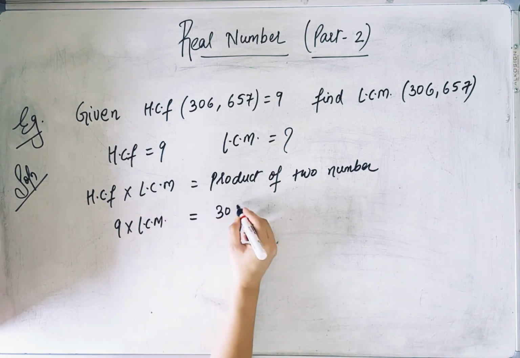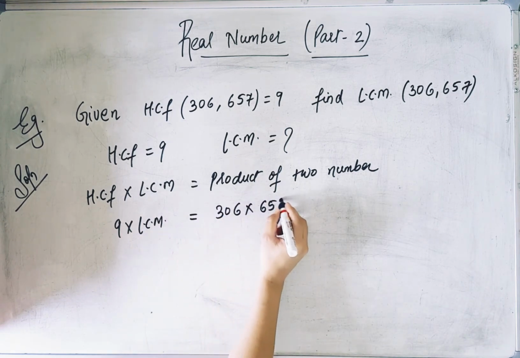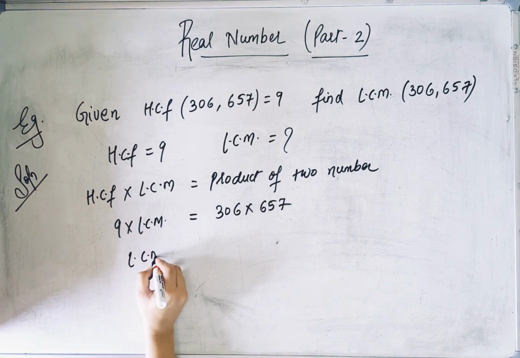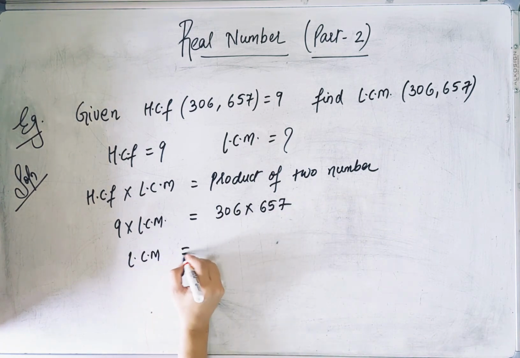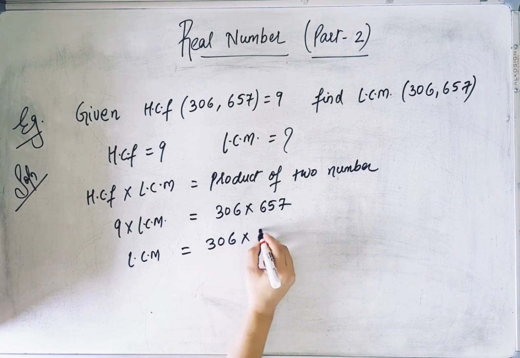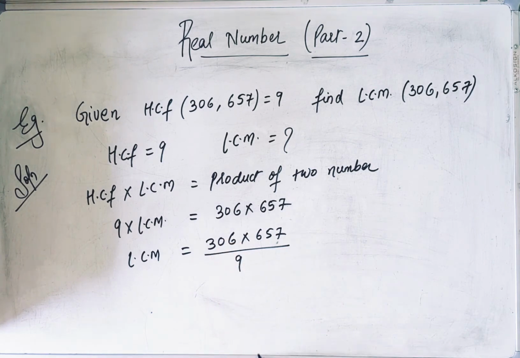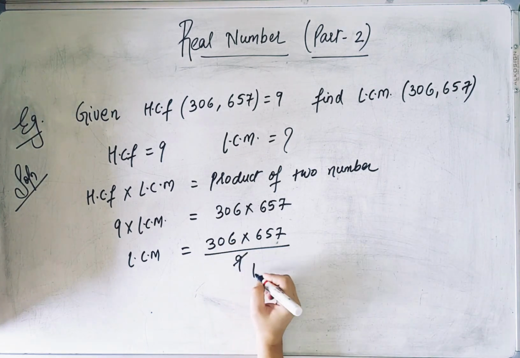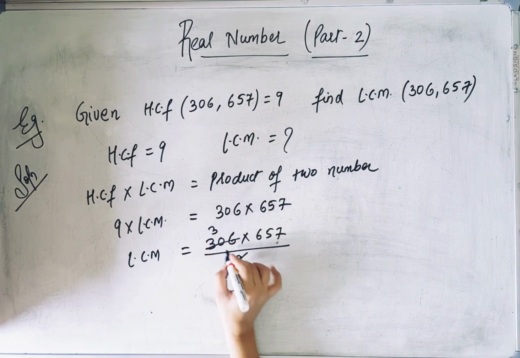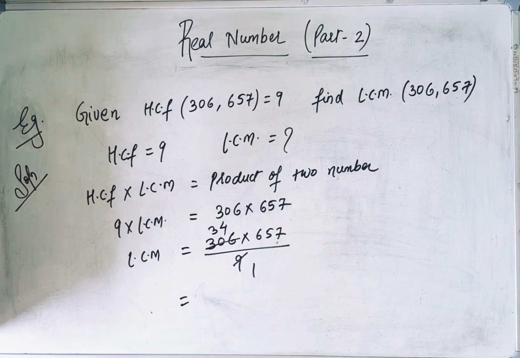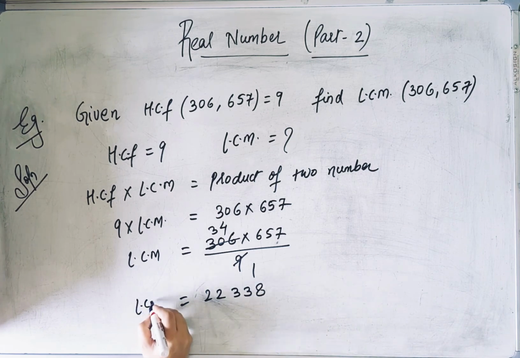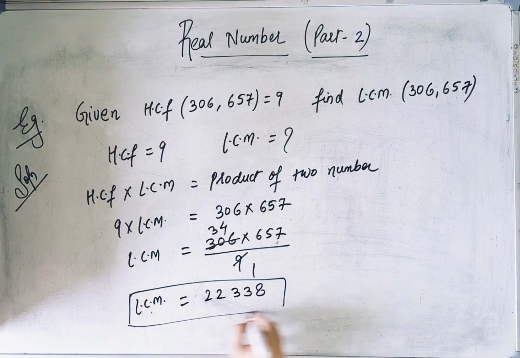The product of the two numbers is 306 into 657. So LCM is equal to 306 into 657 divided by 9. If I cancel 9 with 306, 9 fours are 36, so we get 34. Now we'll multiply 34 into 657. So the answer will be 22338. So this is the LCM of the two numbers.